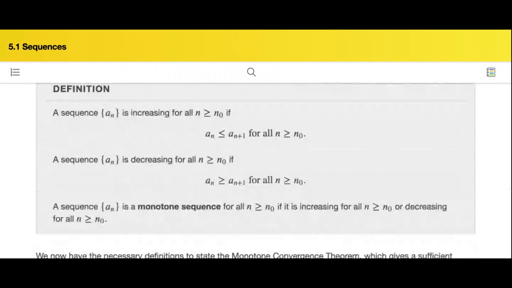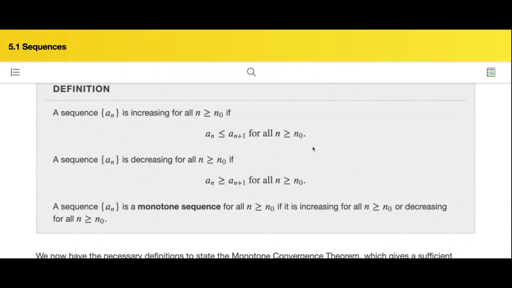Let's see some definitions. A sequence is increasing for all n greater than or equal to n naught if the current term is less than or equal to the following one, right? We can imagine it increases. So what does n greater than or equal to n naught mean?